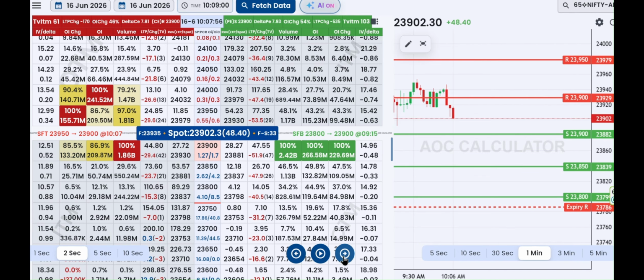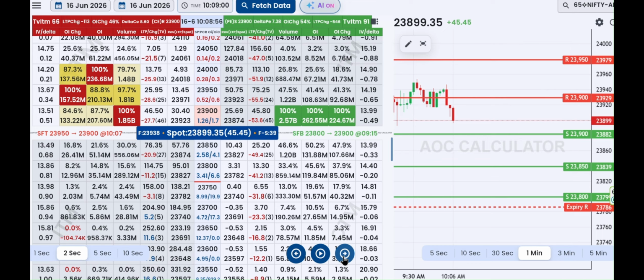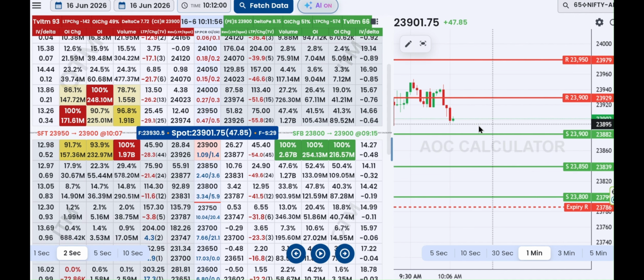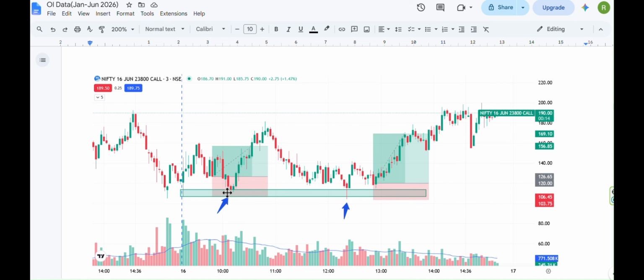At this point, we can prepare for a bottom reversal entry around 23,900. The preferred entry methods are liquidity sweep entry, most preferred, single candle order block entry, and retest entry.